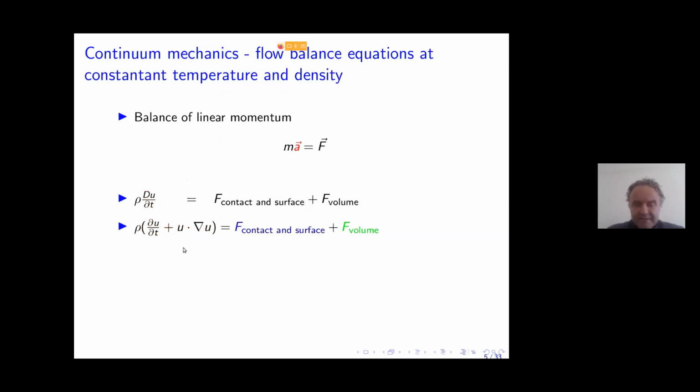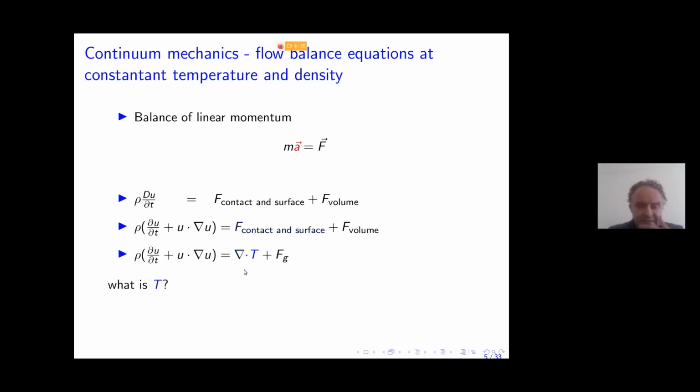And then if we want to be more explicit concerning the forces, we need to define how these contact and surface forces are. So we need to define locally what is the divergence of the Cauchy stress tensor. So it is this Cauchy stress tensor that is going to define the properties of the fluid, the way it reacts under stresses, under variation of stresses in this case.